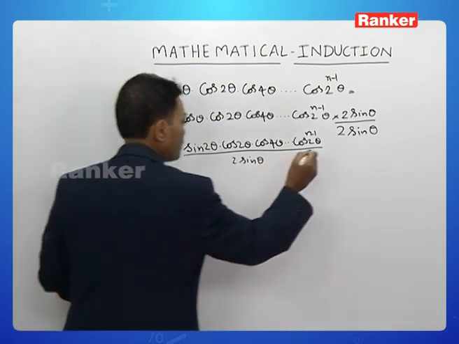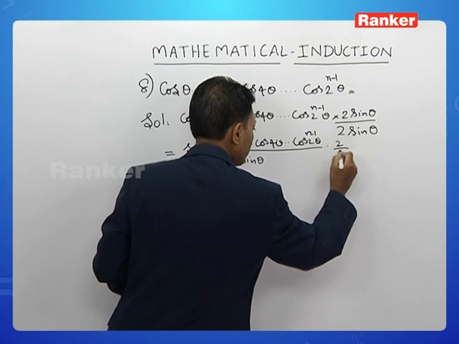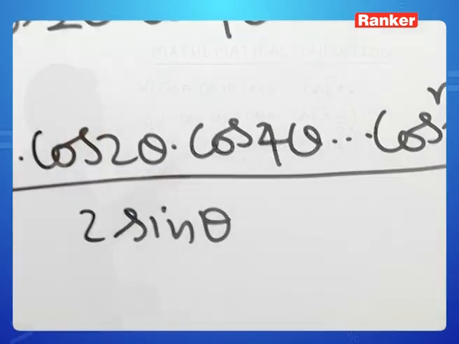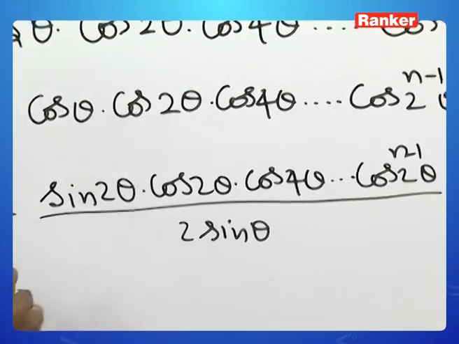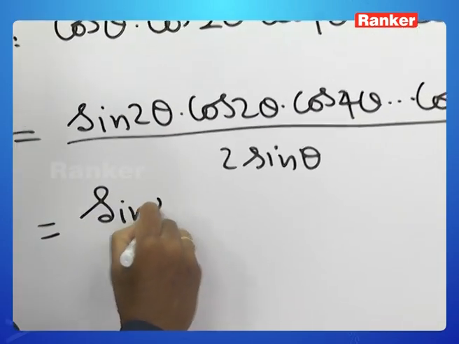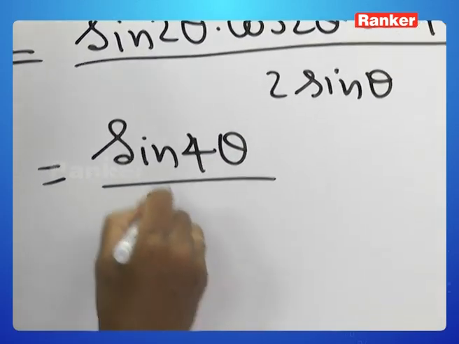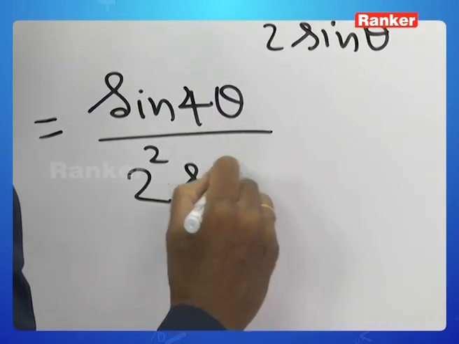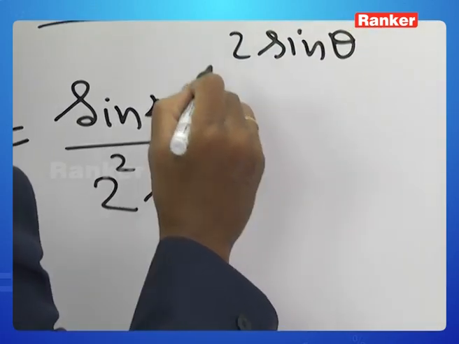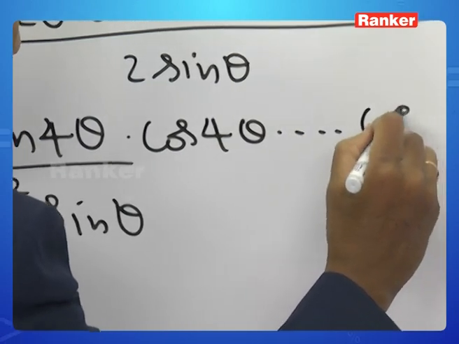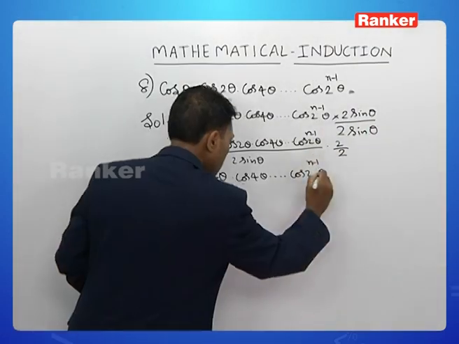Now again, multiply and divide by 2. Again 2 into sin 2 theta into cos 2 theta becomes sin 4 theta by 2 into 2, that is 2 square sin theta, and the remaining terms as they are, cos 4 theta and so on up to 2 to the power of n minus 1.